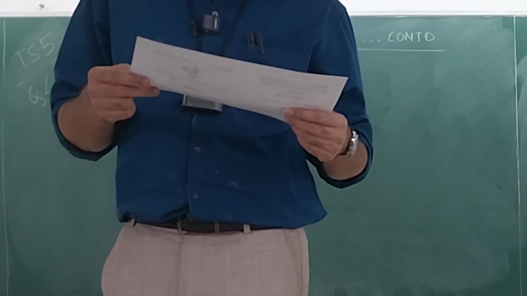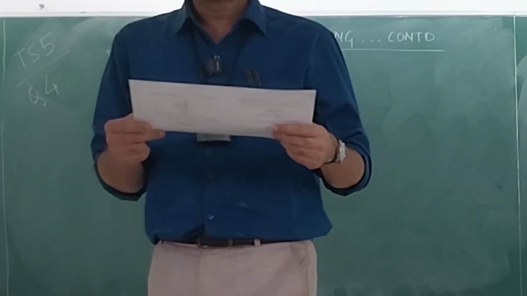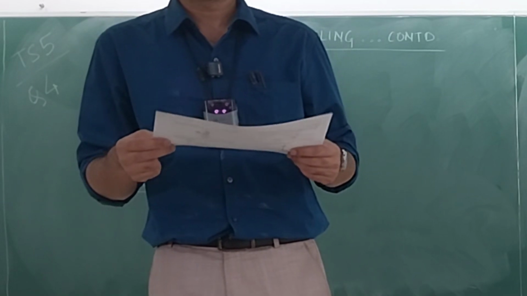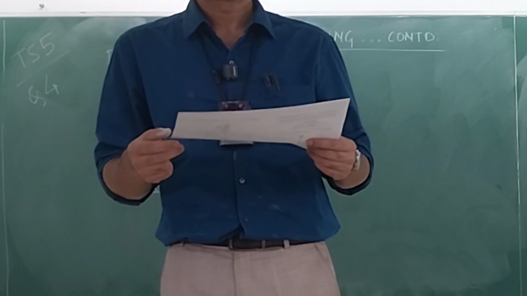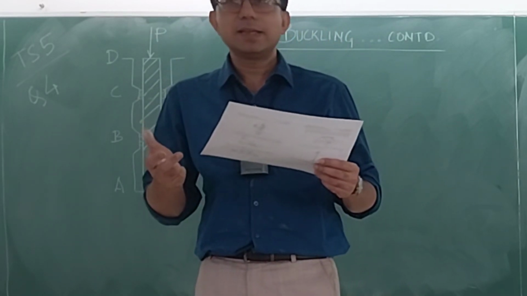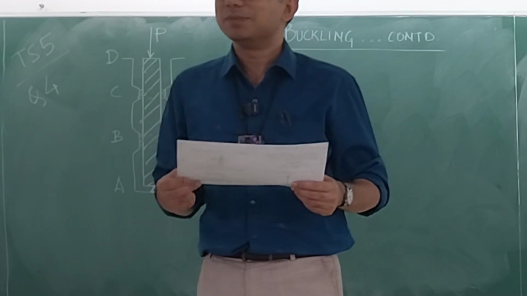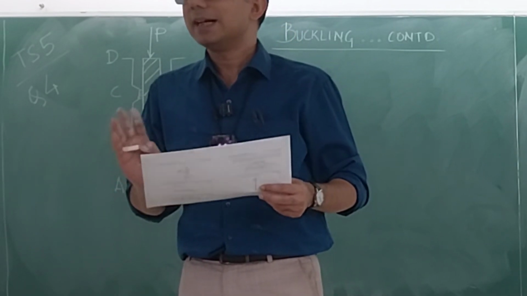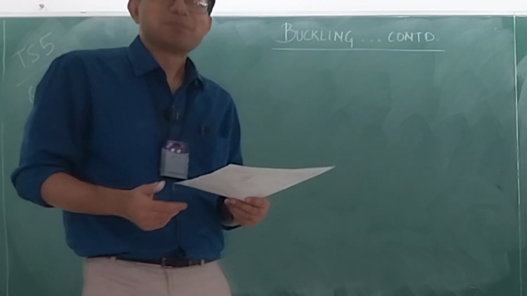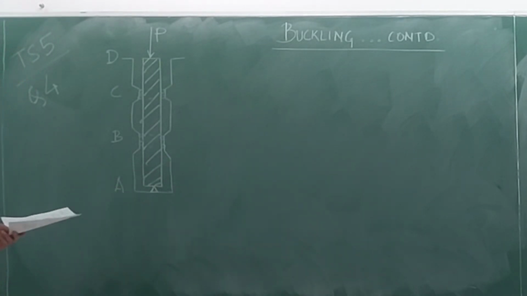Okay, I will take BC to be 1 kilometer and CD to be 1 kilometer, or maybe the other way around. Maybe I'll make it very small, 1 millimeter and 1 millimeter. Doesn't matter. As long as this AB thing buckles, I will say the whole thing has failed. But that is not what is meant. So understand the intent. So you tell me, what do I do? It is actually a simple thing.